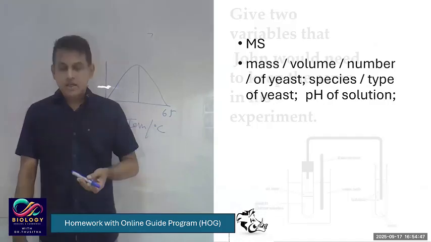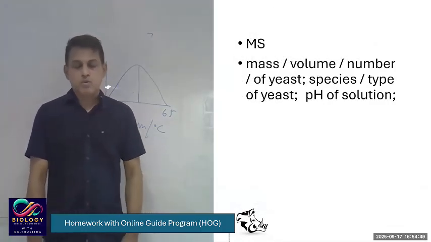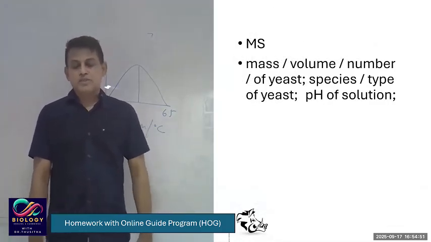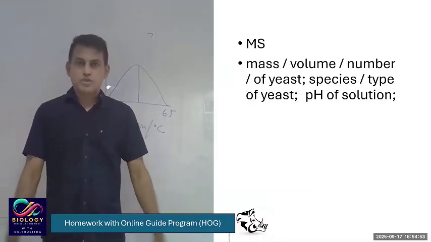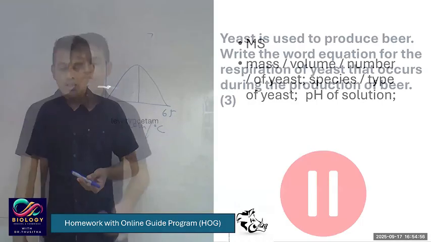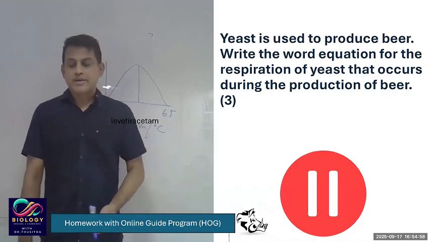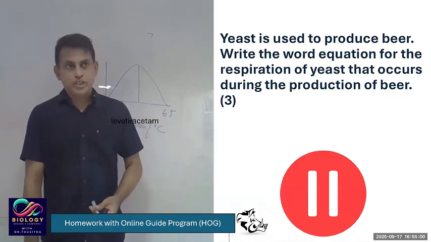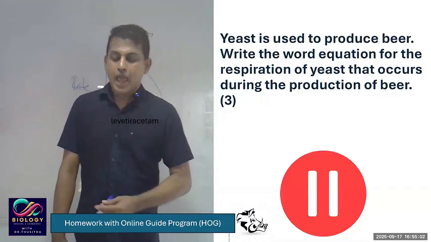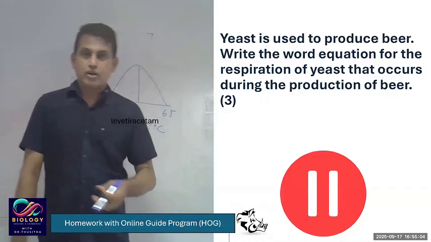These are the things we can propose, and the mark scheme proposed mass, volume, number, yeast species, type of yeast, pH of solution.